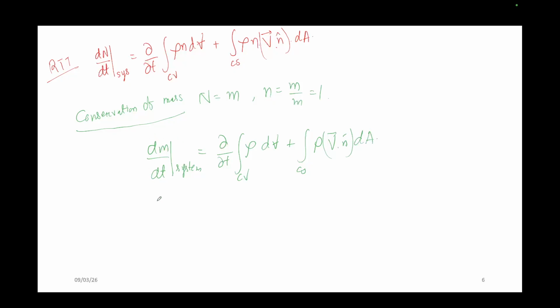So can you tell me one thing? What should be the value of dm by dt of a system? Say this is the system. Can anyone answer? You know this thing, everyone knows this. What happens to a mass?